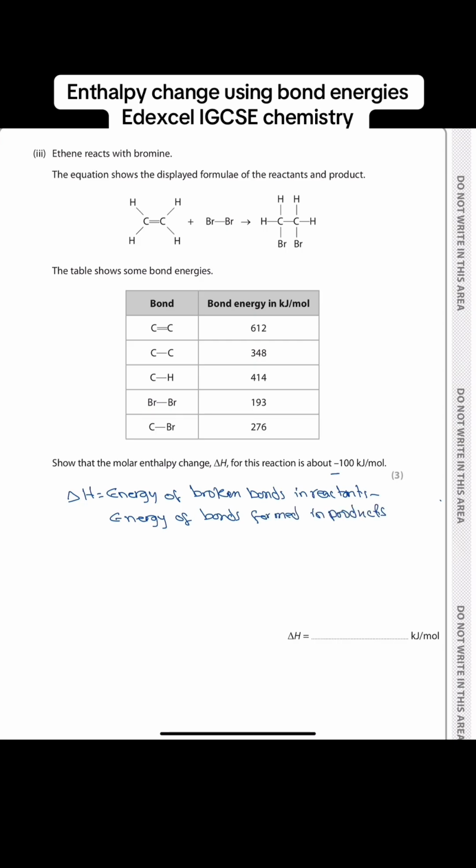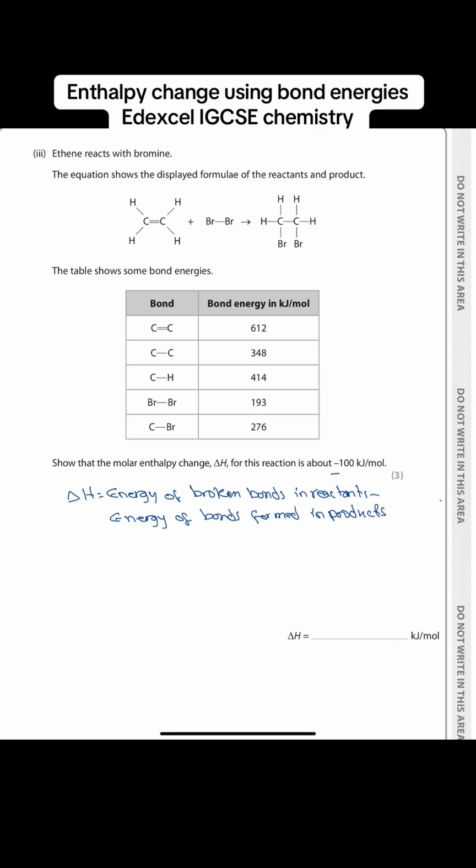You have two ways to calculate the energy here. Either focus only on the bonds that were broken and the bonds that were formed, or use the bond energies for all of the reactants and the products.